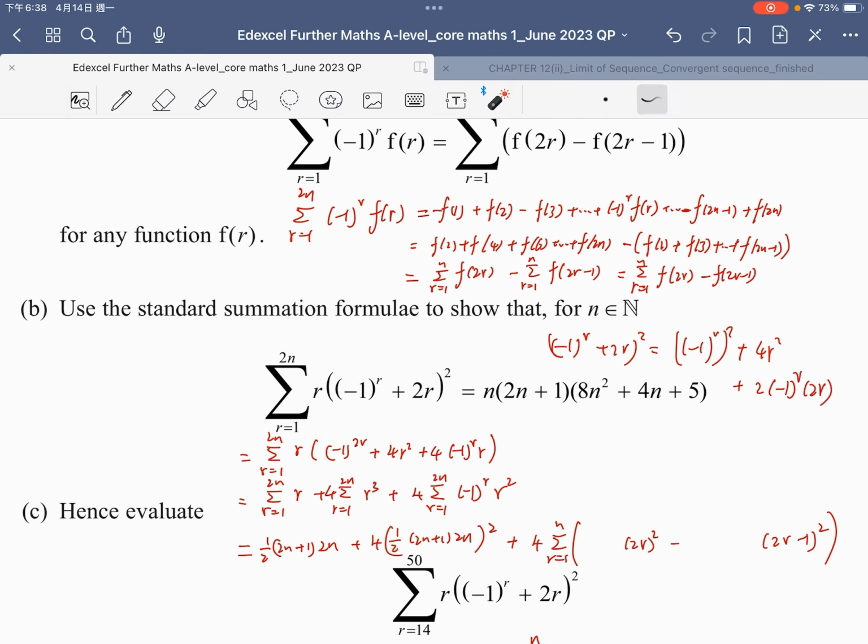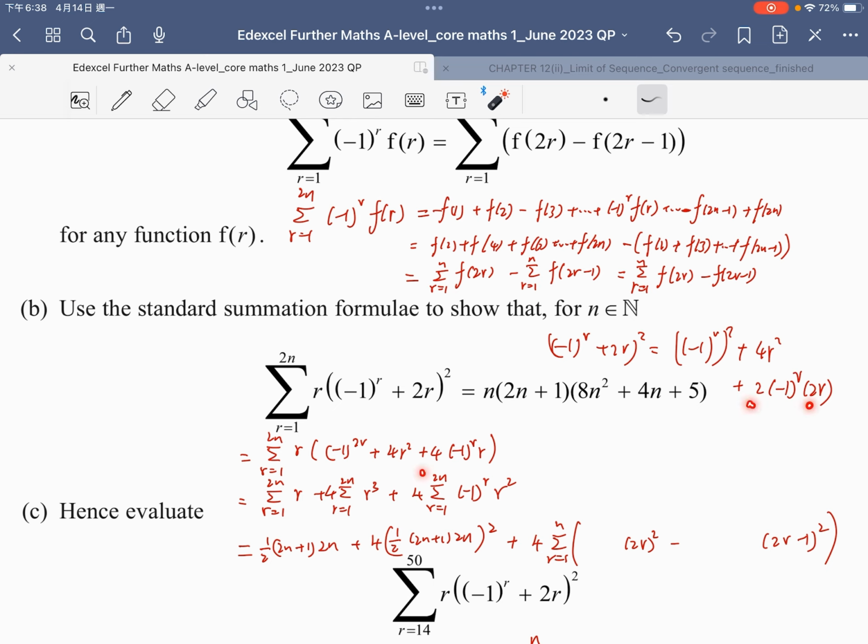That means it is equal to negative 1 to the power 2r, because negative 1 to the power r squared means the powers multiply, plus 4r squared, the second term.